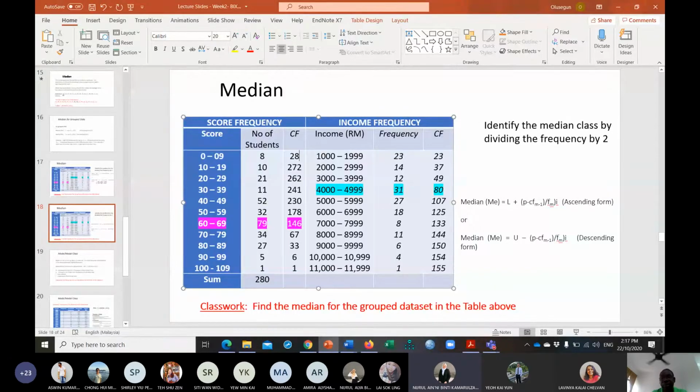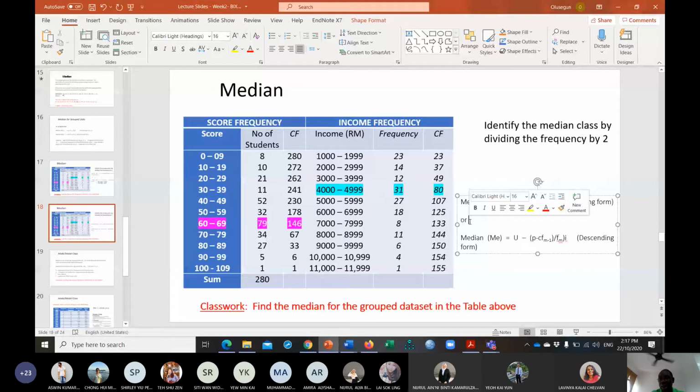And 280. So now that we are doing the descending order, let's try and put this into the formula.